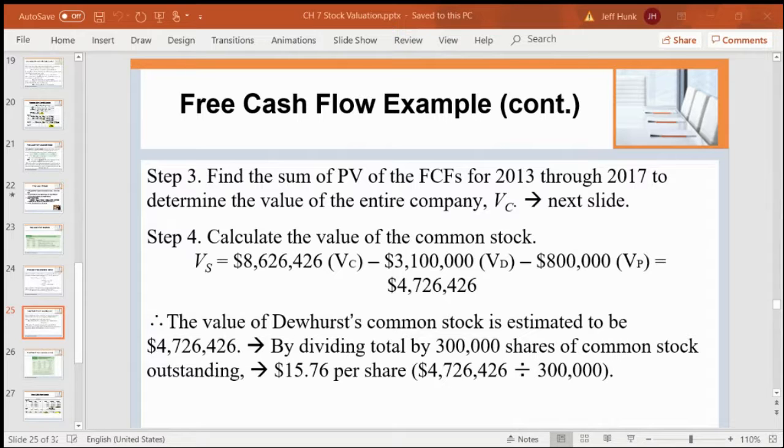Step 2, then we need to forecast the free cash flow in 2018. Why? Because we're going to use Gordon Growth Model. We need one more year, time t plus 1. And since it grows at a constant rate of 3%, then all you need to do is this times 1.03. There you go.